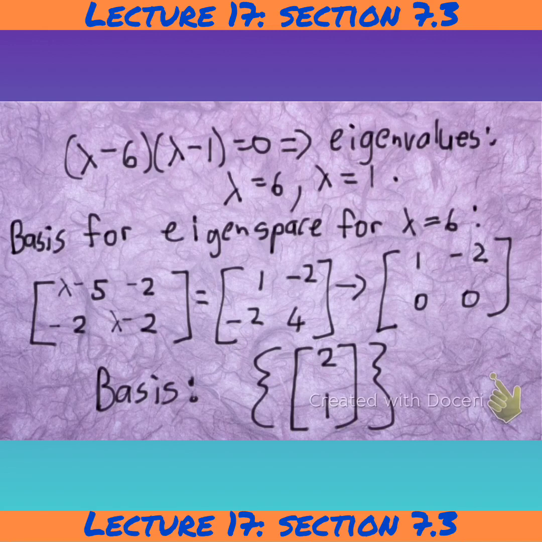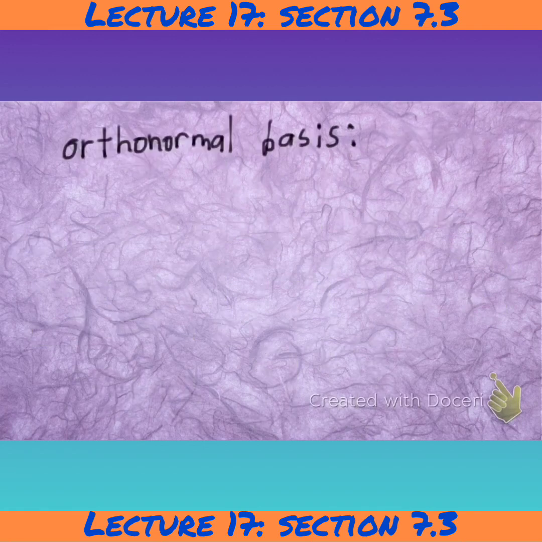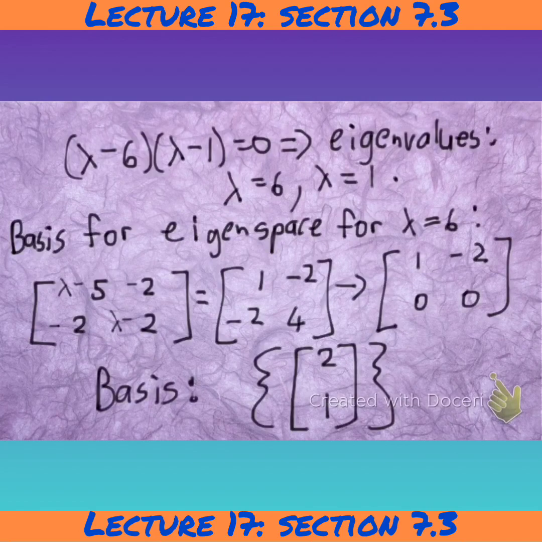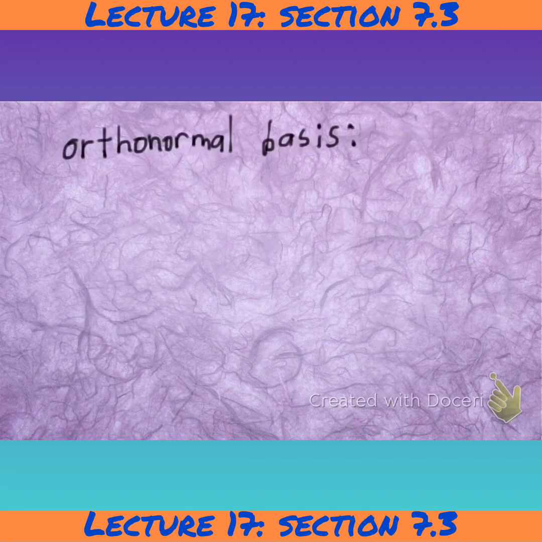Now, to orthogonally diagonalize, we need to find an orthonormal basis, so we need to normalize the basis. This vector is not a unit vector, so what is the norm of that vector?